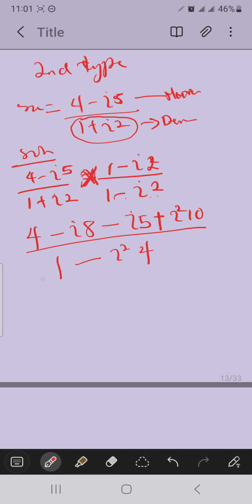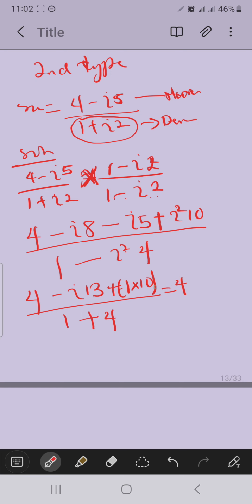So this one is going to be 4 minus 8i minus 5i, which is minus 13i. I squared is minus 1, so multiply by 10 gives minus 10, over 1 plus 4, so this turns to 5. So this one is going to be 4 minus 10, which is minus 6, minus i13 over 5.